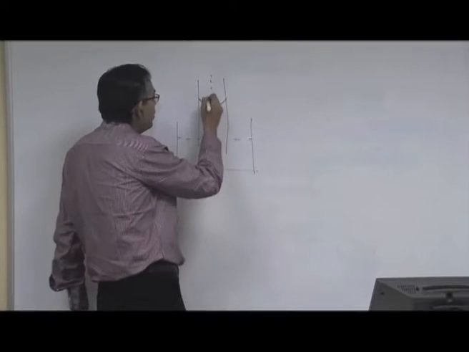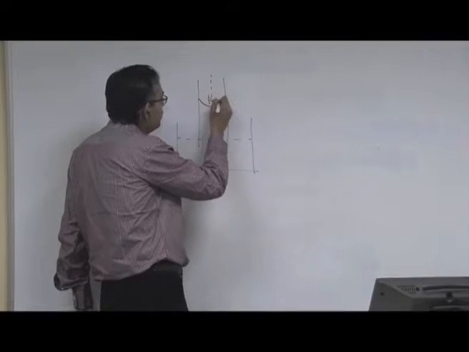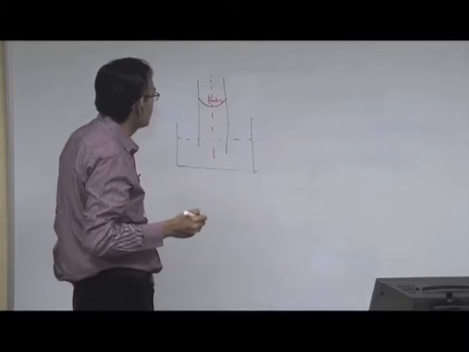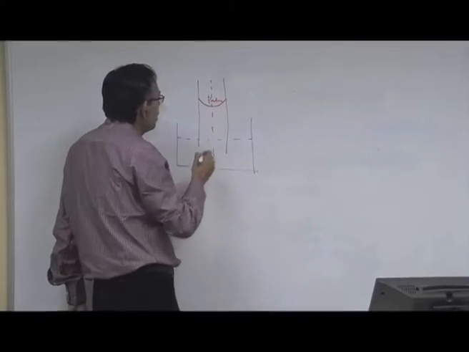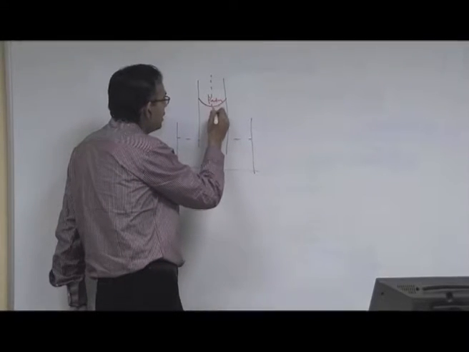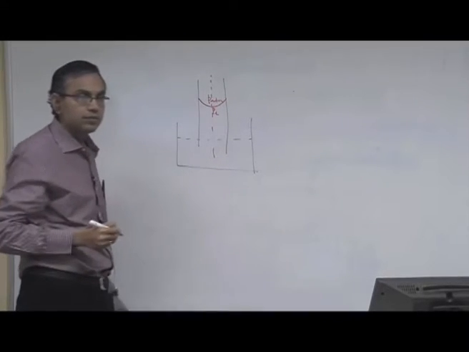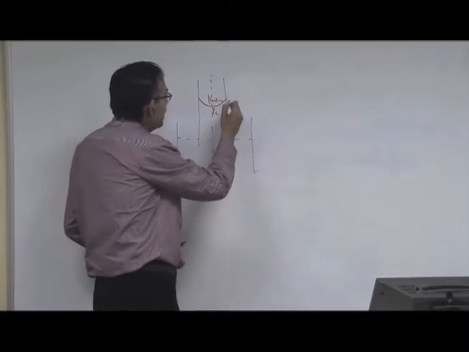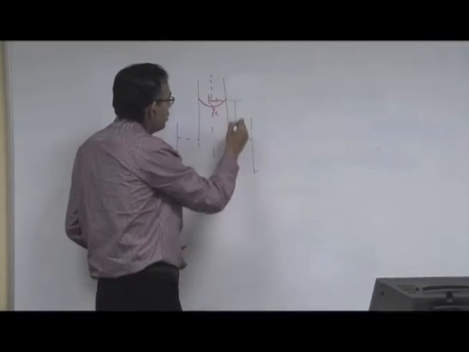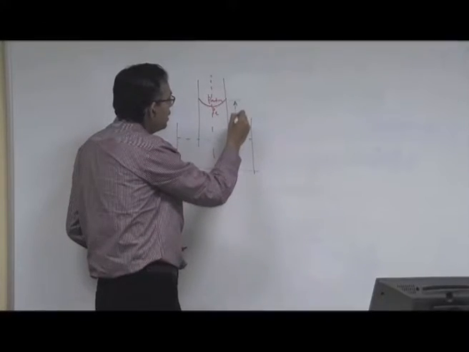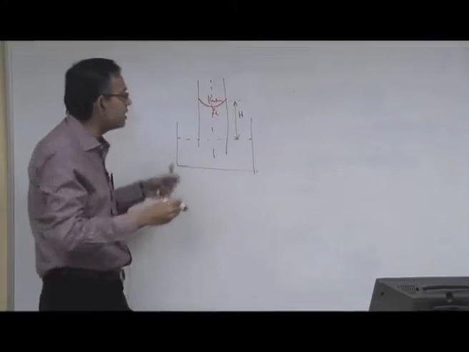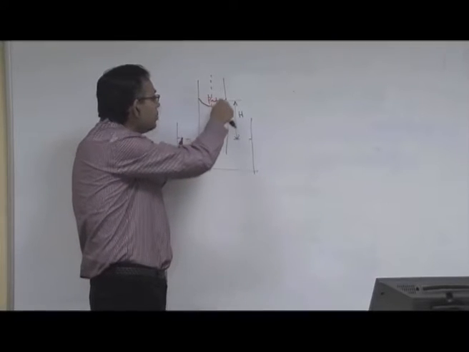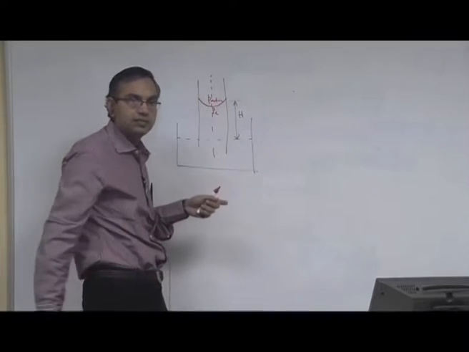So, the pressure on this side is P atmosphere and on this side pressure is P liquid, right. Let us say that the average static displacement is H. When we say average, it is some sort of average representation of the meniscus.